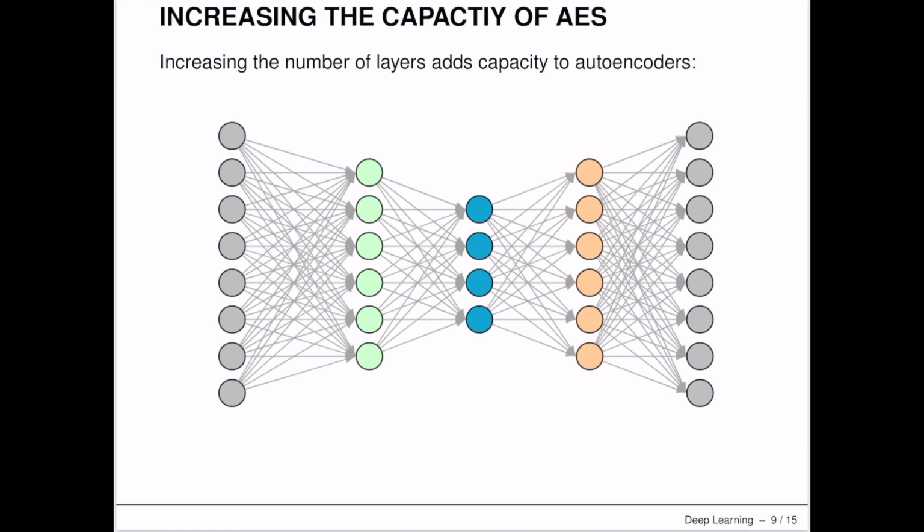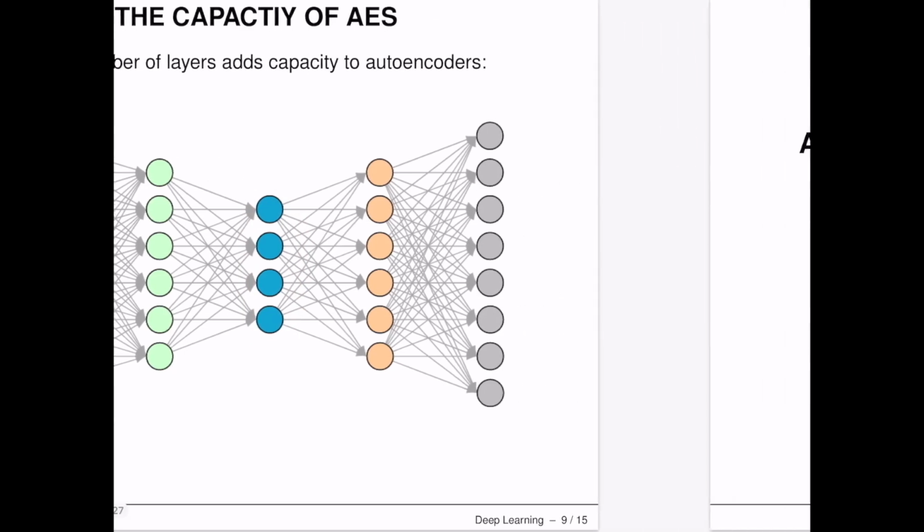And now we can do the same as we had before with feed-forward layers. We can add hidden layers. So we could have an extra hidden layer here in the encoder, and another extra layer here in the decoder. This, of course, increases the capacity of the neural network, and as such could lead to better compressions here in the middle. And this would be the code that we are interested in.